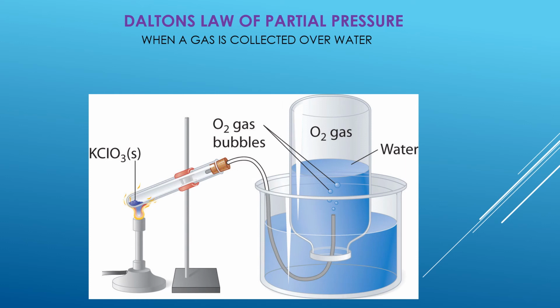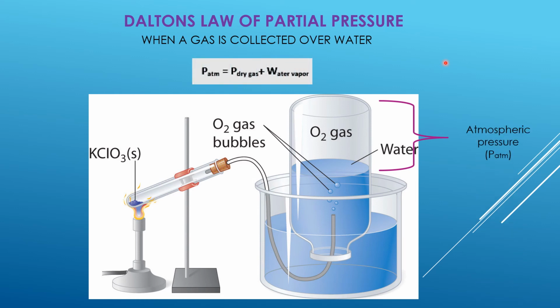When this gas is collected over water, which is this region here, that is where the gas is going to be collected. Most of the water which is used in the collection part is going to exist as a vapor. So when we are looking at the pressure of this system here, this is going to be due to the pressure of the gas which is collected plus the pressure of the water vapor.